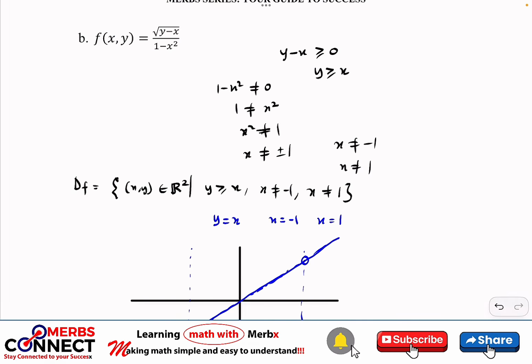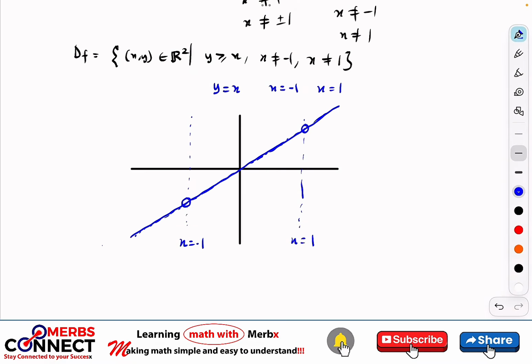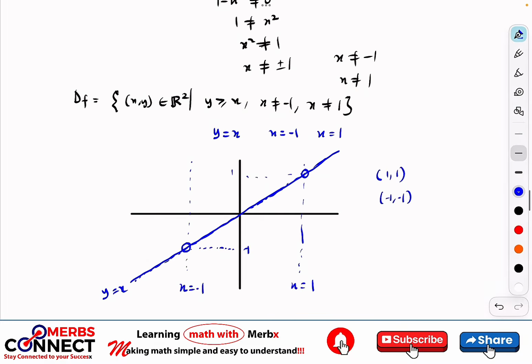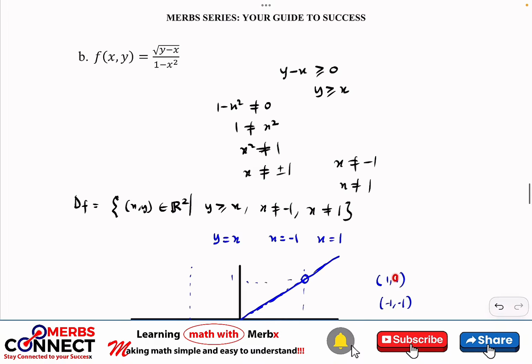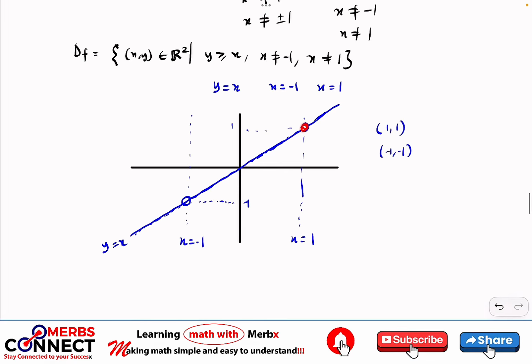But when x is 1 and y is 1, at this hole, since this line is x equal to 1, this is also minus 1 and this is also 1. So we are going to have coordinates 1, 1 and minus 1, minus 1. If we include them, we have a problem because when I plug in 1, 1 here, even though the top is going to be 0, the bottom is going to be undefined. So we need to exclude here and here from the graph.